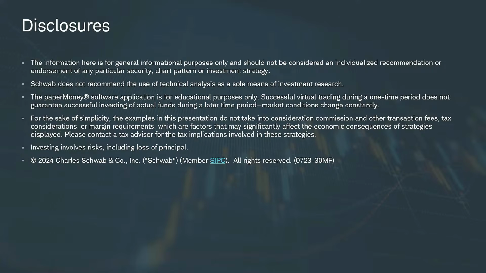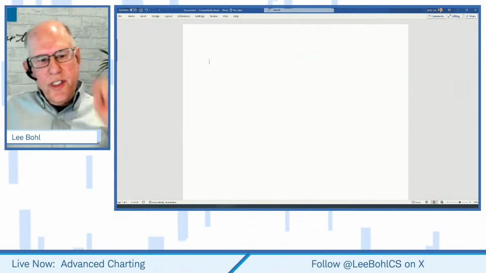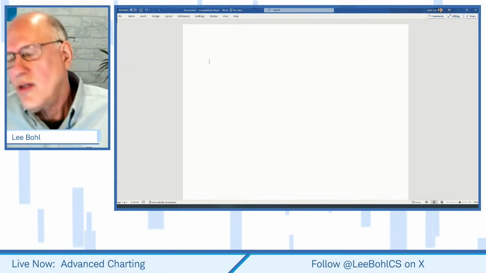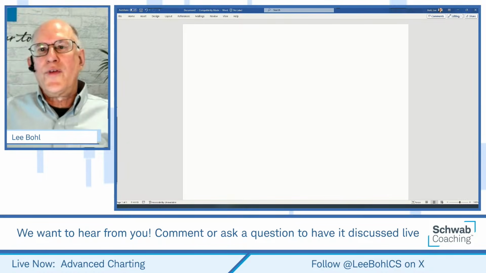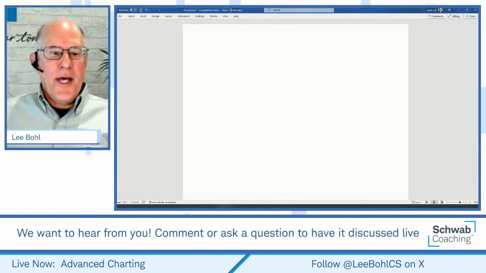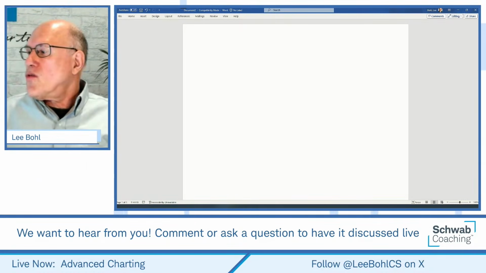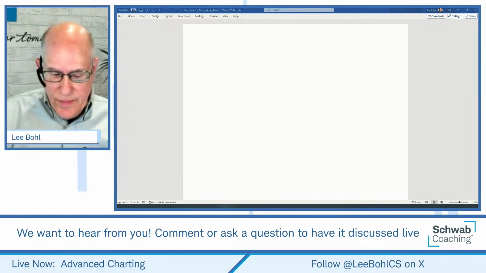All right, so we're going to start off with a blank slate here. The first thing we need to know is a lot of Elliott Wave is based on Fibonacci mathematics. Okay, so I'm going to put up something here on this screen.